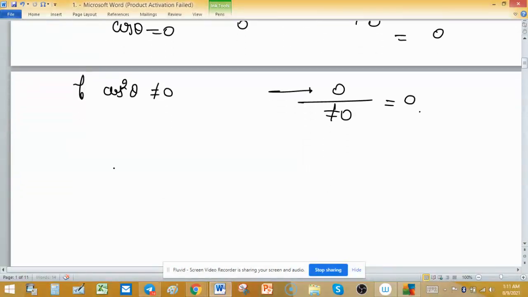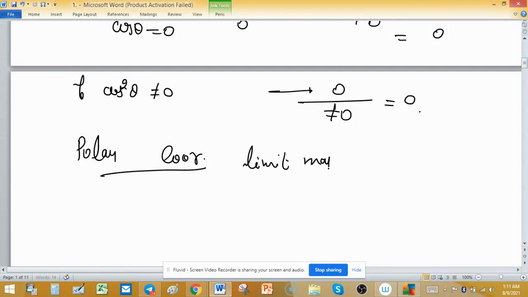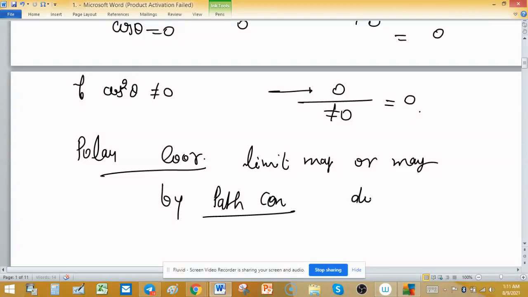So the polar coordinate system is saying the limit may or may not exist, but by the path concept we already found that the limit doesn't exist.